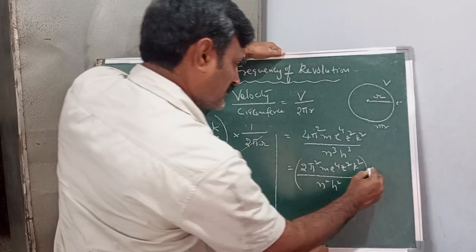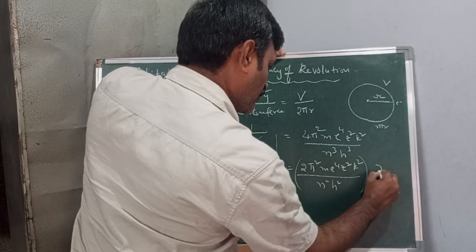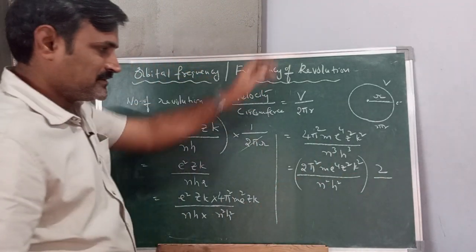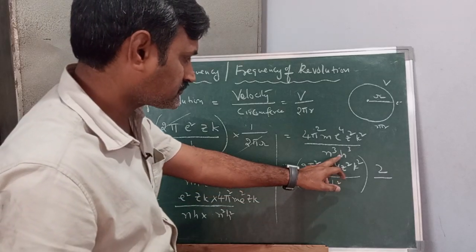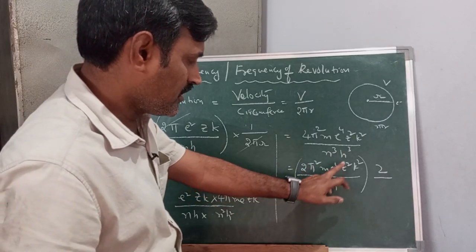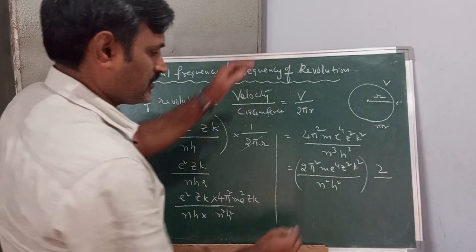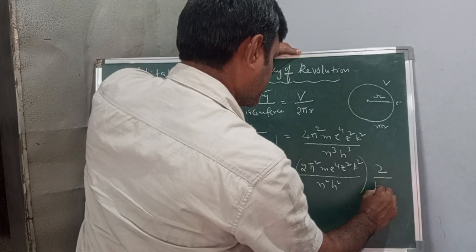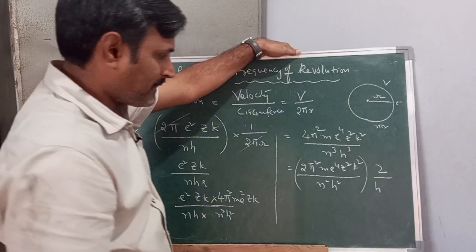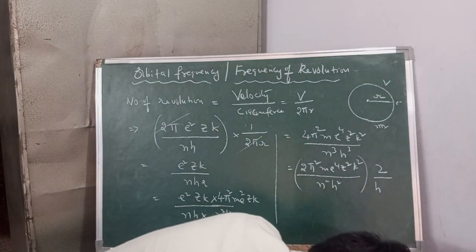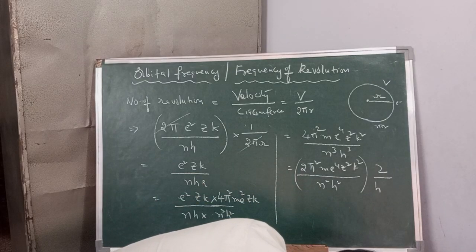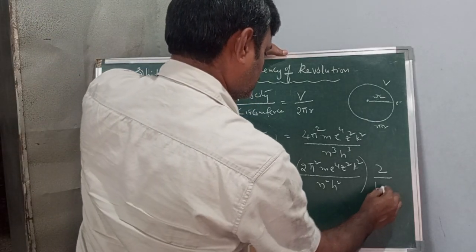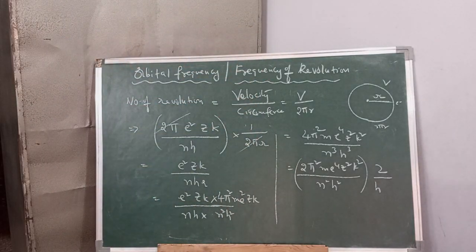I have taken out only a 2, and whatever the rest is, that is the energy. One h is remaining and separated out, and n cube is also written separately. See carefully.